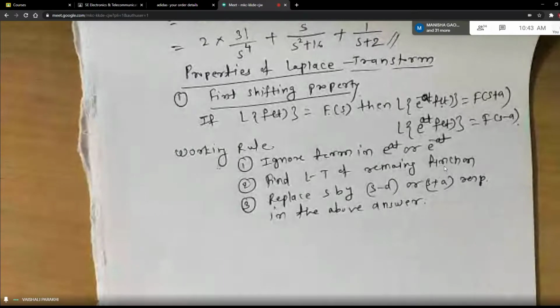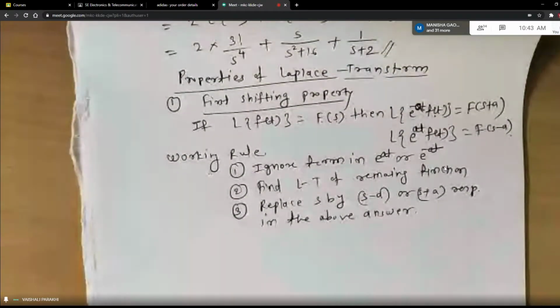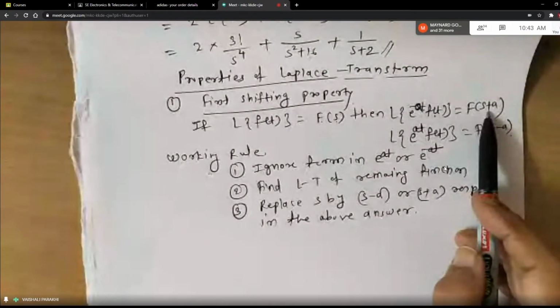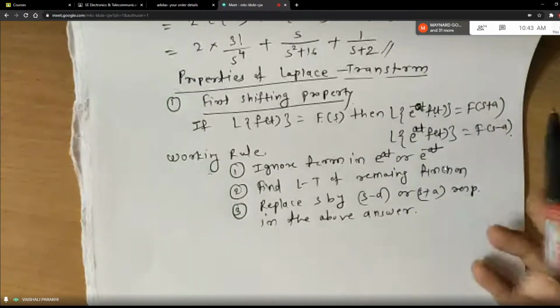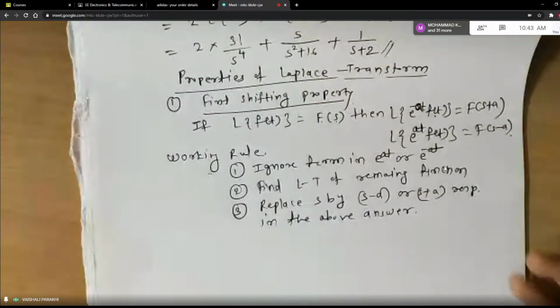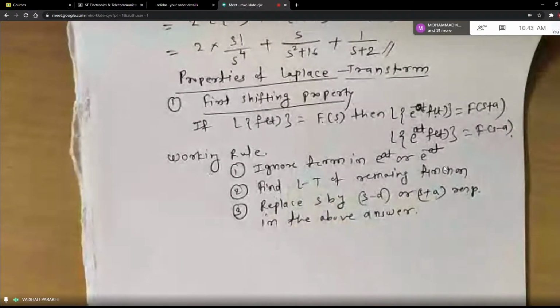Okay. Let me explain again. Meaning of f of s plus a is, it is Laplace transform of f of t by replacing s by s plus a. So whenever you find that the function is multiplied by a term in e, you have to go for first shifting property.